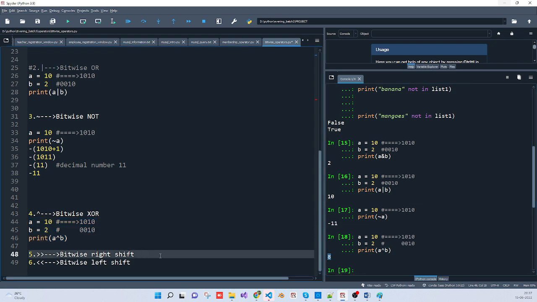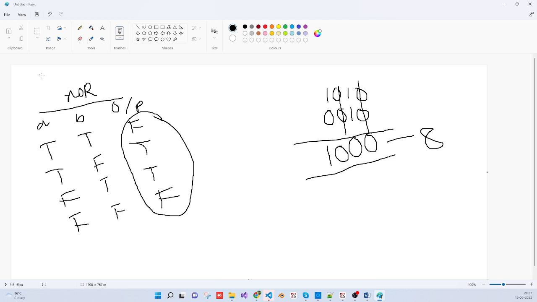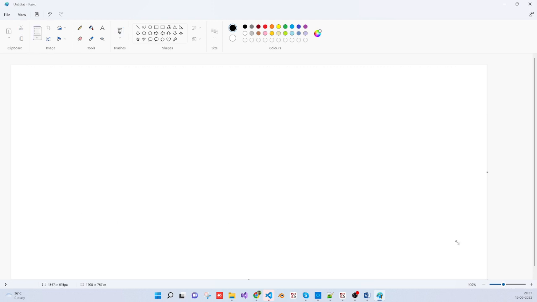Now right shift. Give me a minute. I'm clearing this. What is meant by right shift is, if you have any binary number, suppose I initially take the number 2, whose binary is 0010.